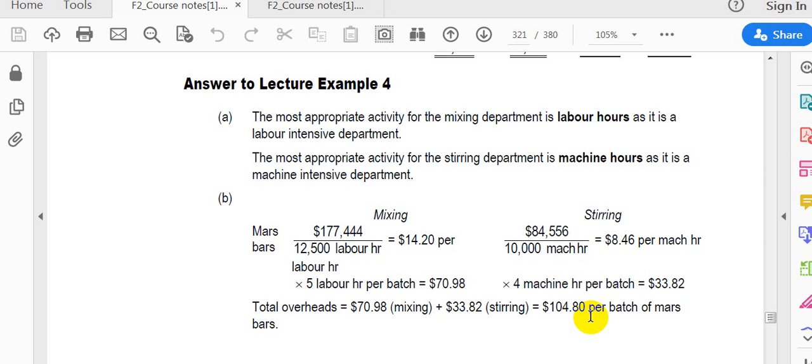Which brings us to the end of absorption costing, but we still meet it down the line. We'll now move to marginal costing. Once we're done with marginal costing, then we have to reconcile absorption costing to marginal costing.